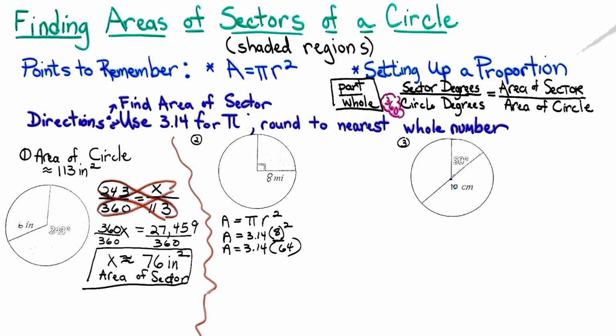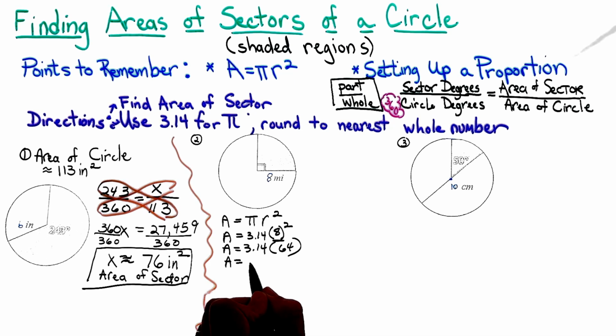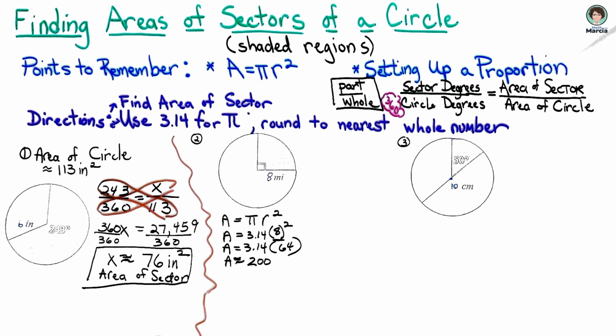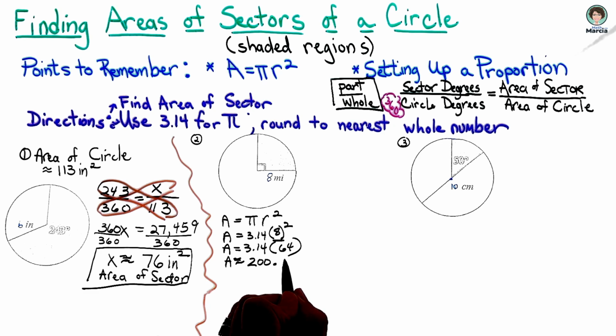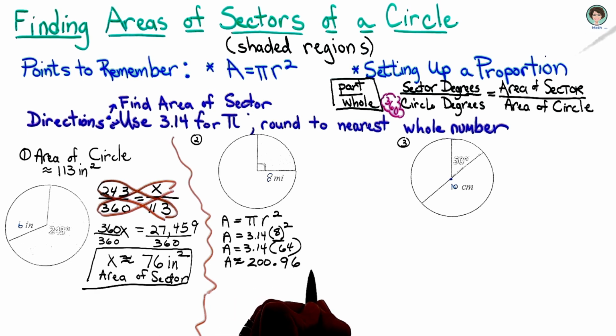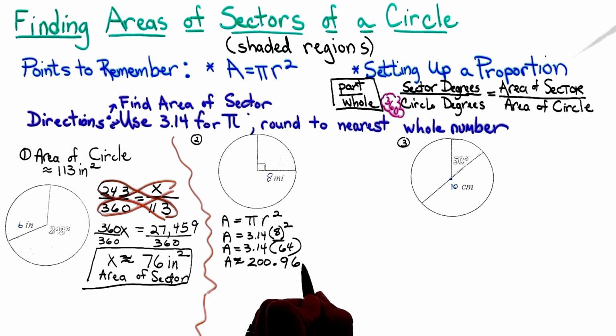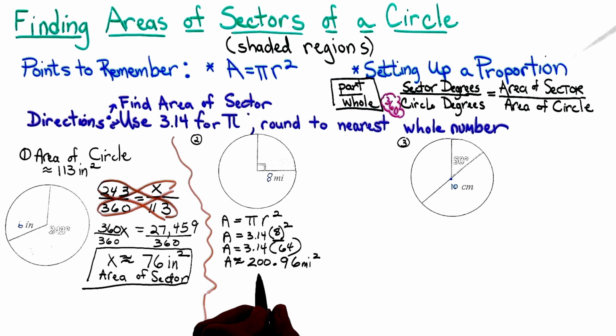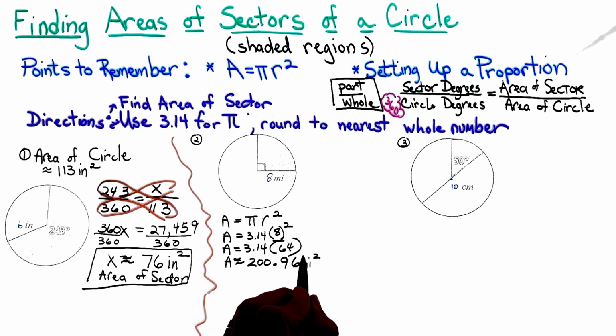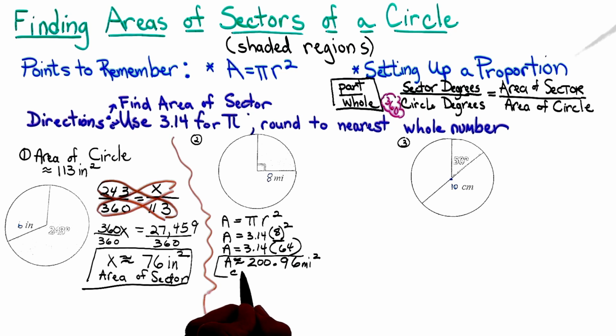Now we need to multiply the 3.14 times 64. It is a rounded answer, but I'm not even going to round to the nearest whole number. I'm going to put it to 2 decimal places because our final answer is going to be affected if I round it too much. So it was 200.96, and this is miles squared. And remember, this is for the circle.